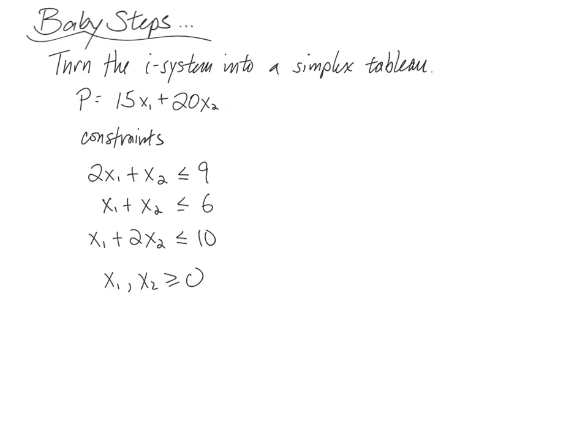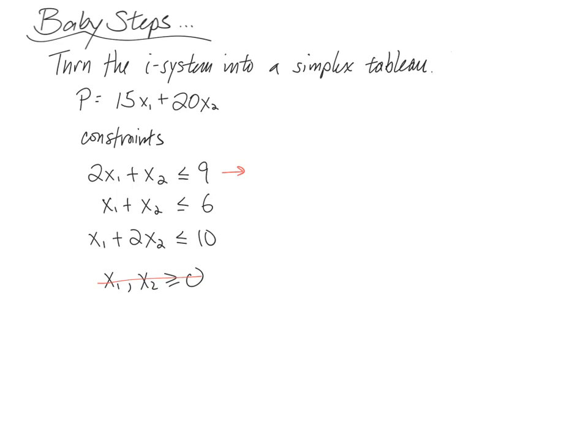So in order to turn the I system into a simplex tableau, we first have to turn each inequality given to us, except for the non-negative inequalities, into an equation. And in order to do that, we have to add a slack variable.